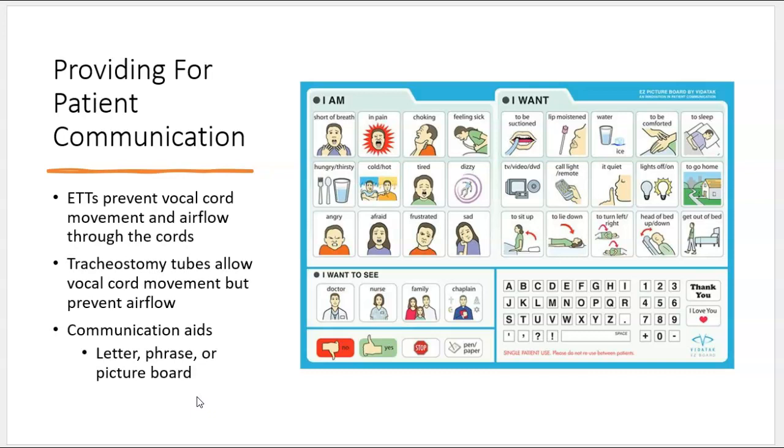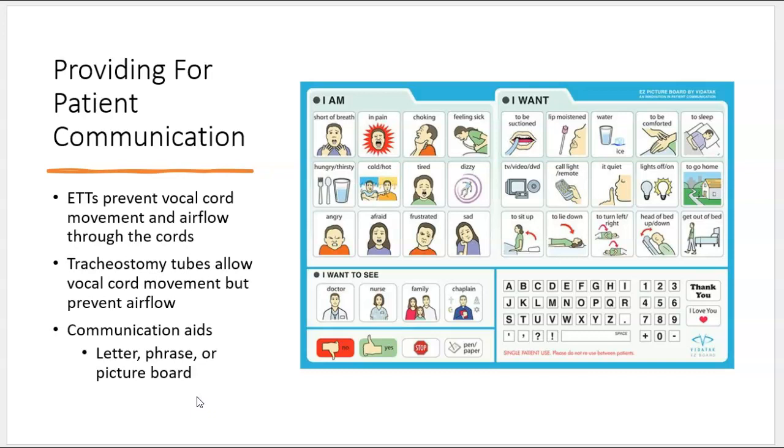This allows patients to simply point to things to communicate. These large drawings are nice because patients don't need to be able to read well or be able to see well in order to pick out what they want to say to us. Some patients may want to use special electronic devices to communicate.